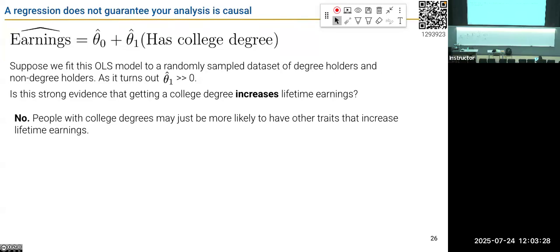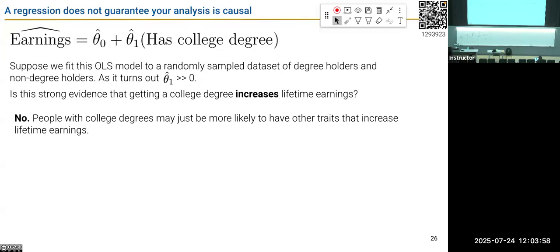But now we can think about why this is the case. Why can we not establish causation in our study? Simply speaking, our study is not a randomized experiment. Because we have a data set with degree holders and people without a college degree, and we randomly sample from that data set.